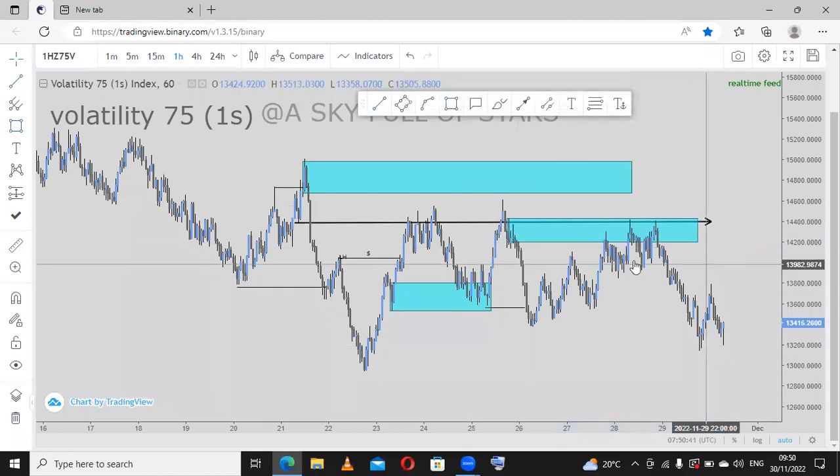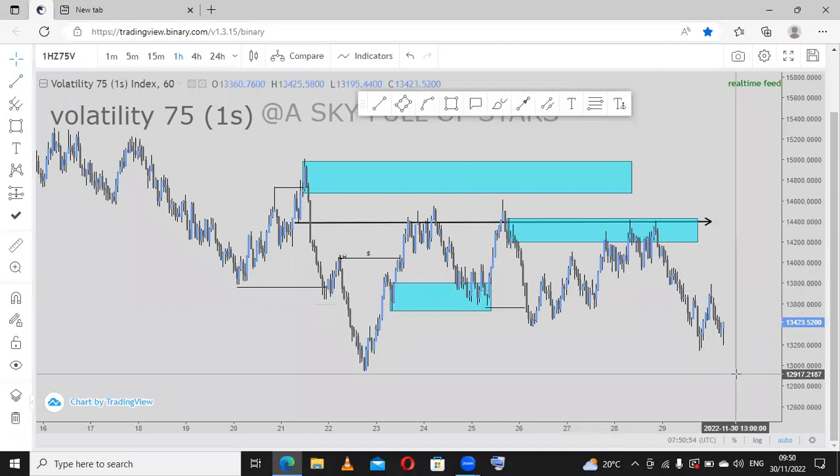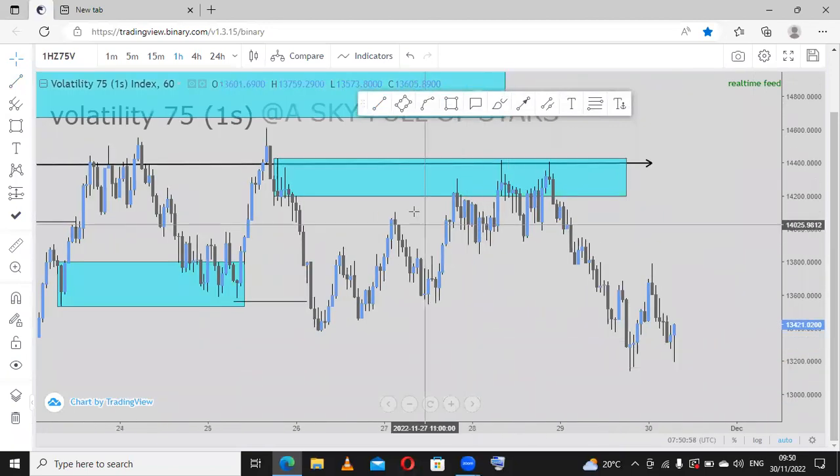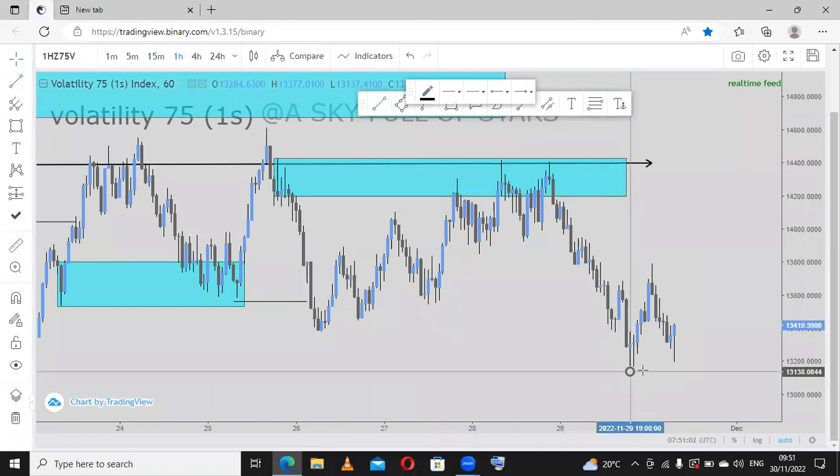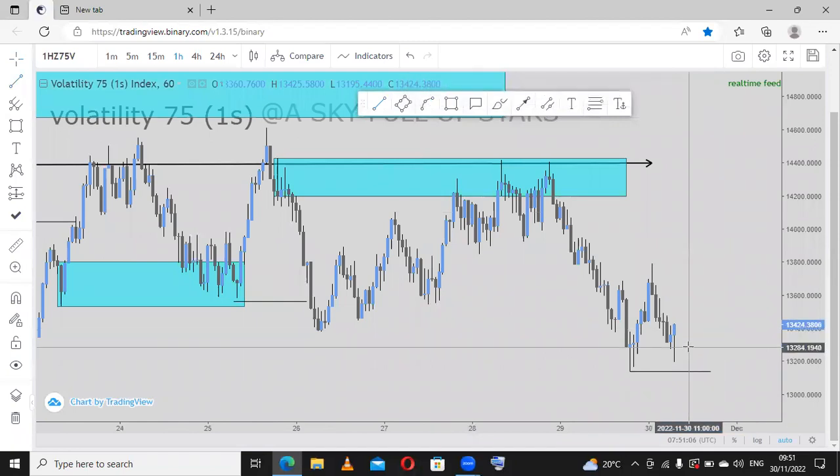If you're using confirmation entry, your entry will be here and here and here and here, which means we kind of missed our entries on P75 1s. If you want to trade it, it's bearish, but right now you want to wait for price to break this.